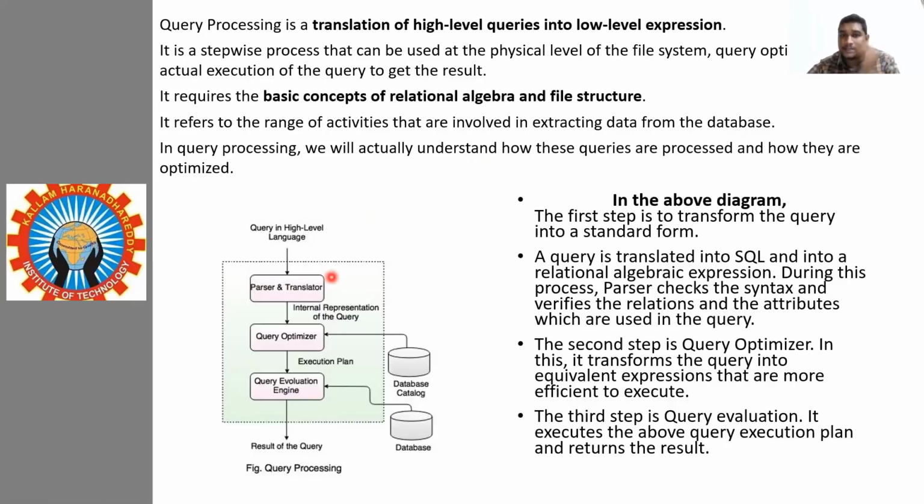This diagram is a complete structure of query processing. The first step we discussed: it takes high level language and converts it into a low level expression, called database language.